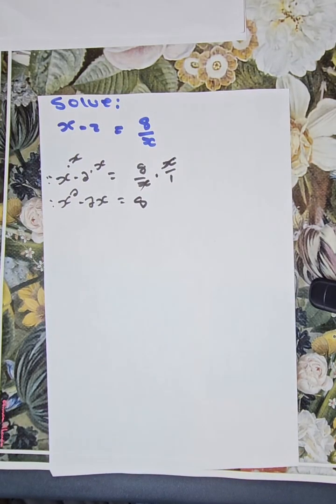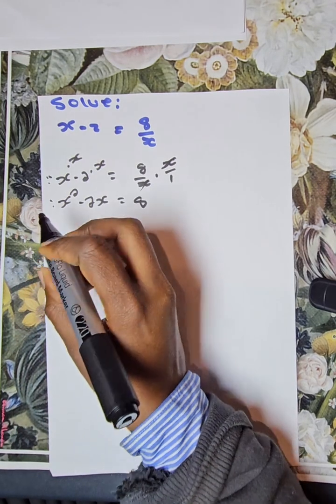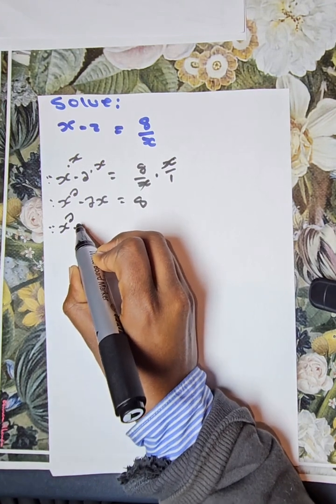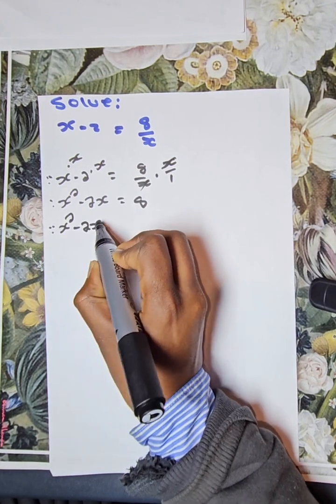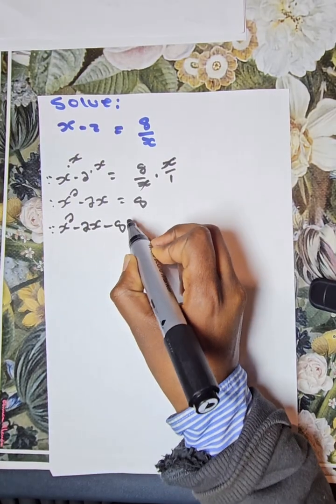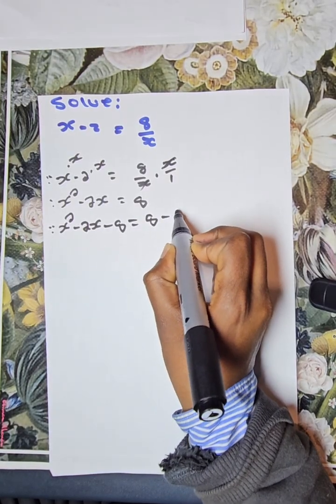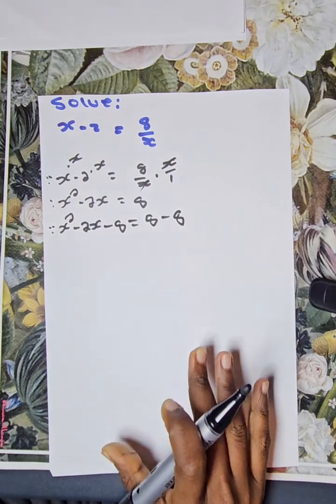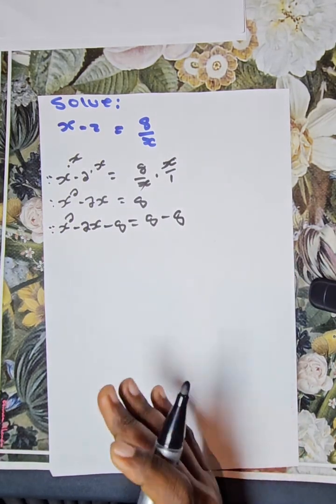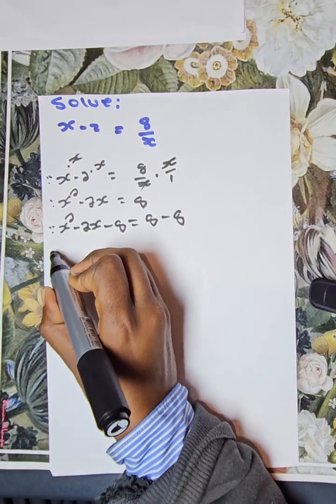Now, we see we have got an equation with highest power of 2. That means we are dealing with a quadratic equation, and we need to rewrite it in standard form. Therefore, we subtract 8 from both sides, so we get rid of 8 in order to get 0 on the right hand side.